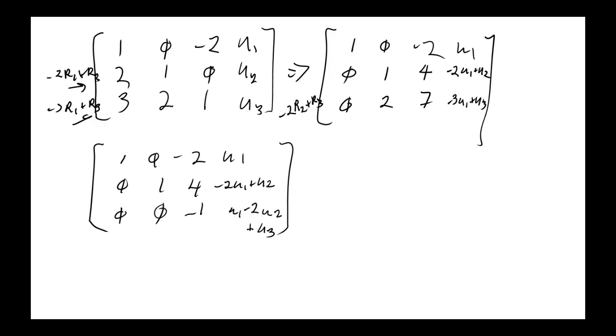Now, we could negate the bottom, but who cares? We see that C3, which is what this stands for, is equal to negative U1 plus 2U2 minus U3. So for any U, you got that one, and then you can back substitute and get the other.